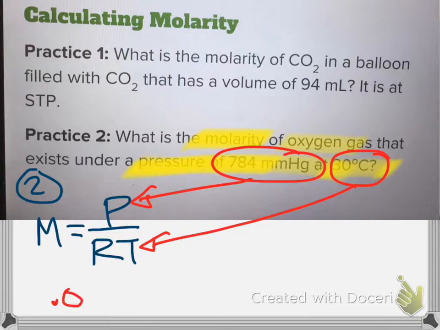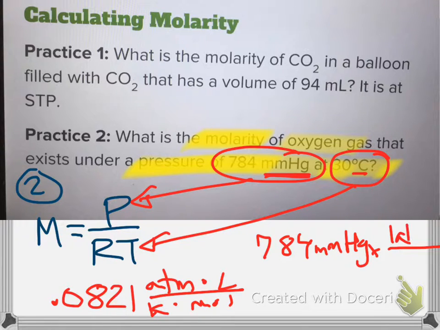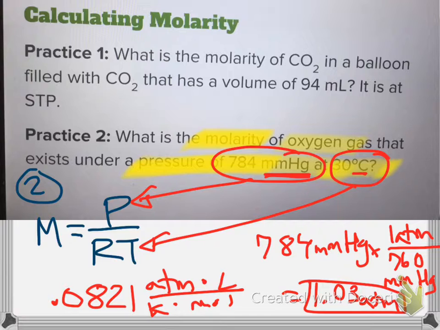Remember, our R is 0.0821 atm times liter divided by Kelvin times mole. So we need to first convert our pressure into atm and our temperature into Kelvin. So we do 784 millimeters of mercury times 1 atm per 760 millimeters of mercury. So we get 1.03 atm.